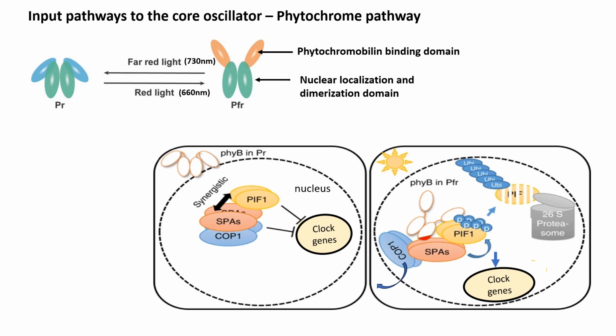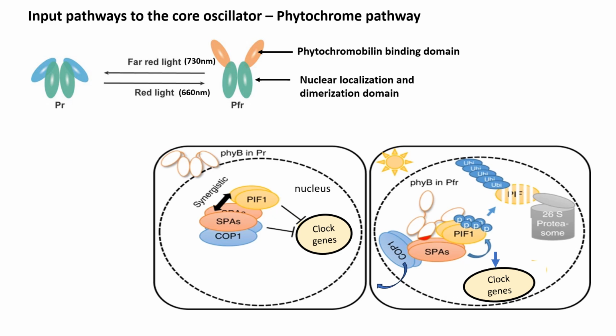In light, the activated phytochromes interact with the COP1 SPA complex and inhibit the E3 ligase activity of COP1. Light exposure also promotes the nuclear export of COP1, thus preventing it from interacting with SPA1. This leads to the expression of the positive regulators of light responses and the clock genes.